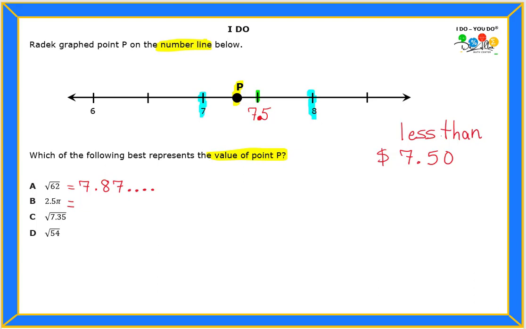So if you feel more comfortable putting those wiggly lines, it's good because this is an approximation of those numbers. And that would be 7.85, and it has a lot more numbers. So in terms of money, is that less or more than $7.50? It's more, right? But I'm looking for something that is less than that.